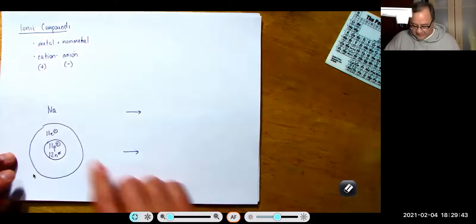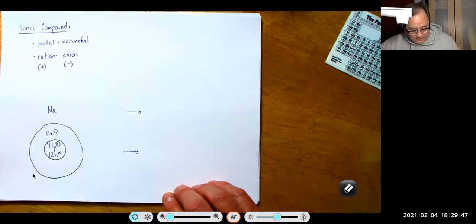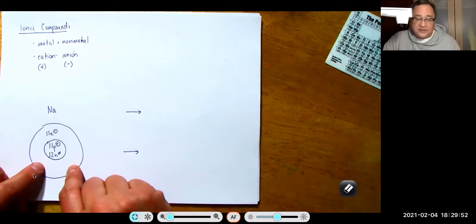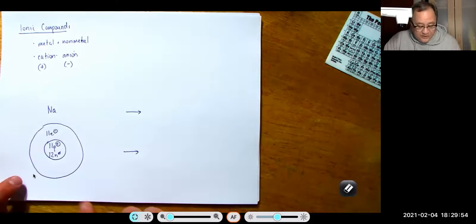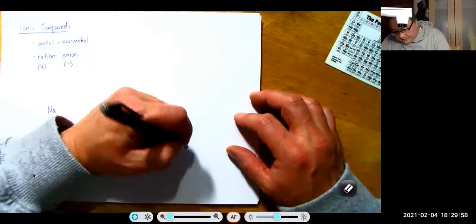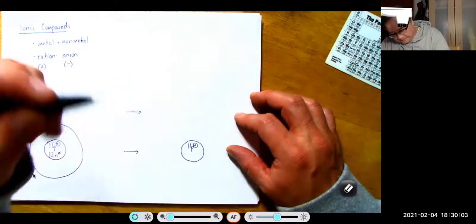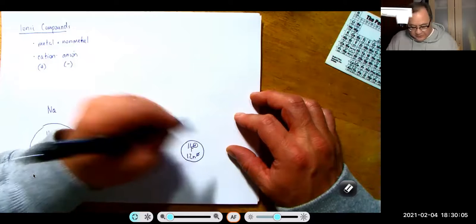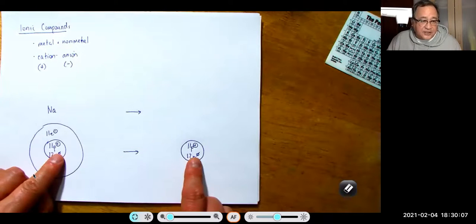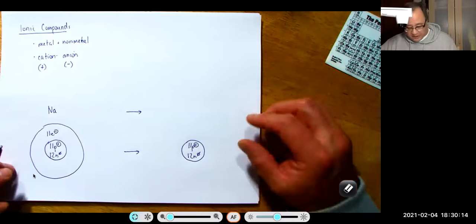So we're going from here to here. This is what happens to sodium when it becomes an ion. Now, this sodium atom is very unstable. If you were to touch this with your hand, it would react immediately. This is what happens to the sodium atom. So you can see that the nucleus doesn't change. And that makes sense because the sodium atom becomes a sodium ion, still has the same number of protons.